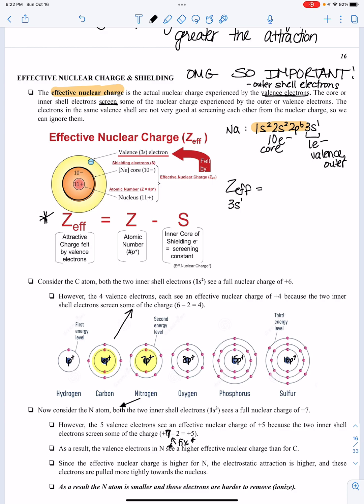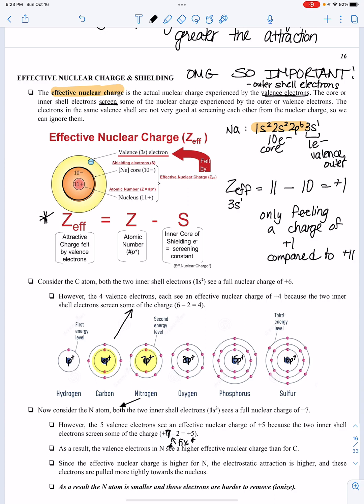It's feeling 11 minus 10, plus 1. Oh man, there are 11 plus in that nucleus. It's only feeling a charge of plus 1 compared to plus 11.